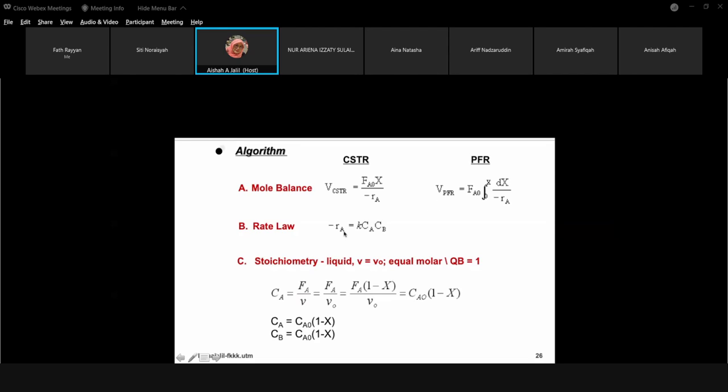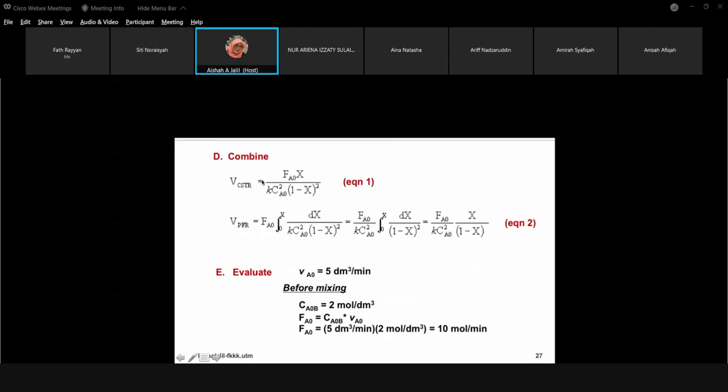Mole balance equation, same rate law, and then this is the stoichiometry formula. If you combine them, the CSTR becomes like this, and the PFR becomes like this. So evaluate.